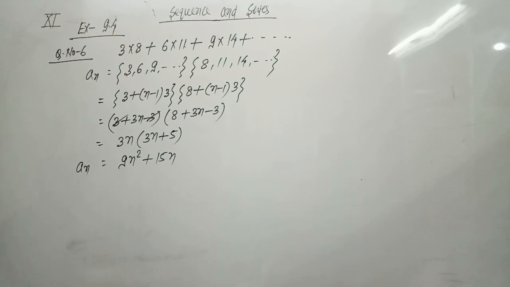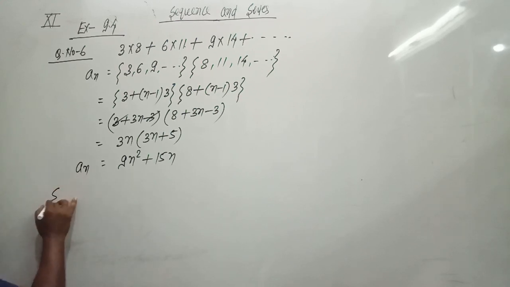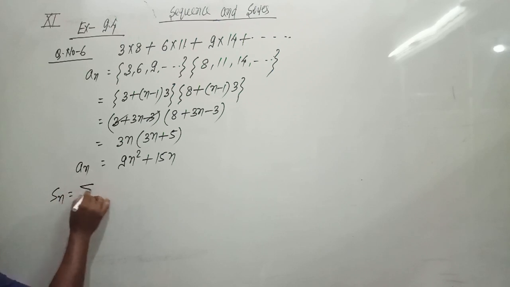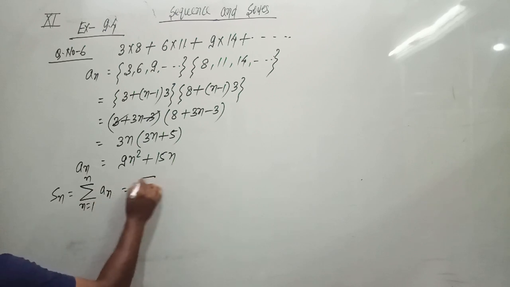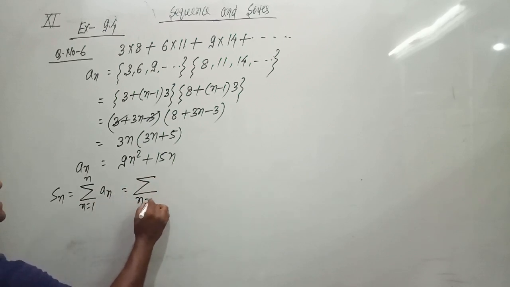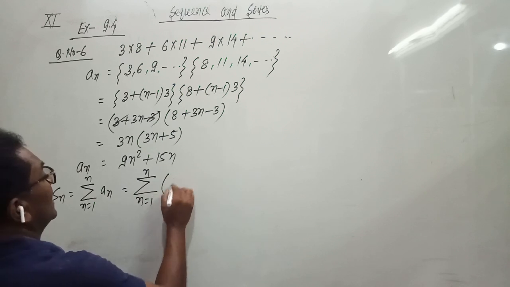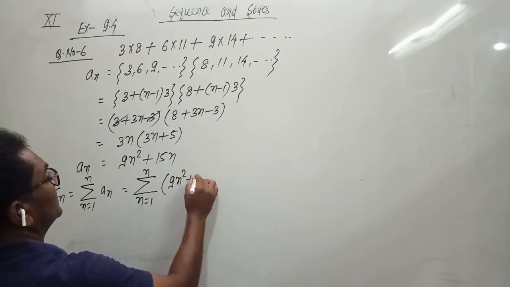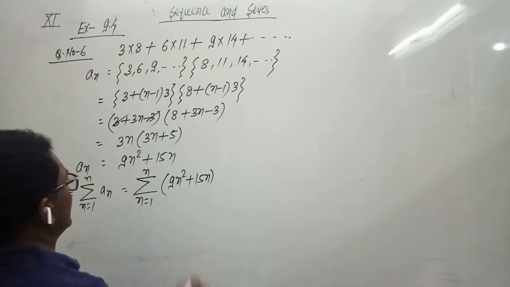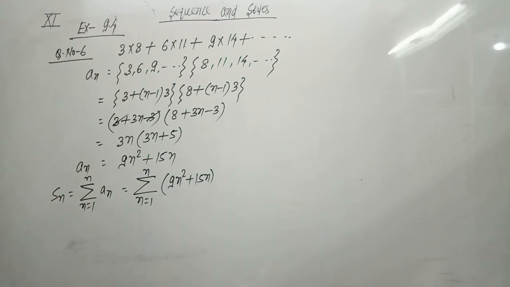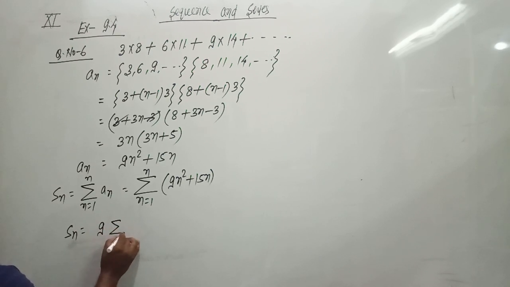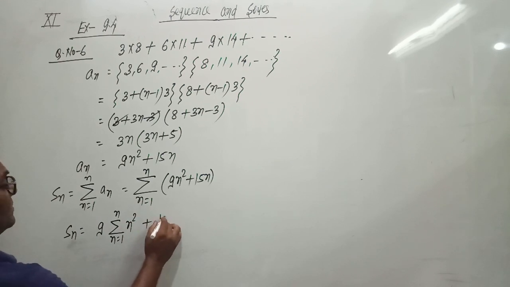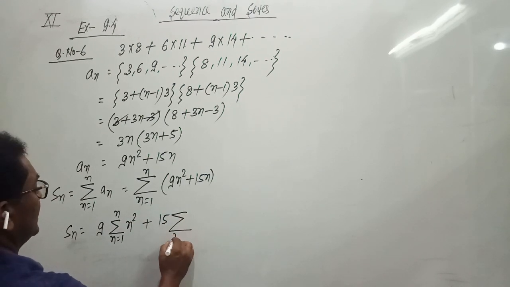Now for finding Sn, we use the formula sigma n equals 1 to n of an, and the value of an is 9n square plus 15n. Then Sn equals, 9 is taken outside, sigma n equals 1 to n of n square plus 15 sigma n equals 1 to n of n.